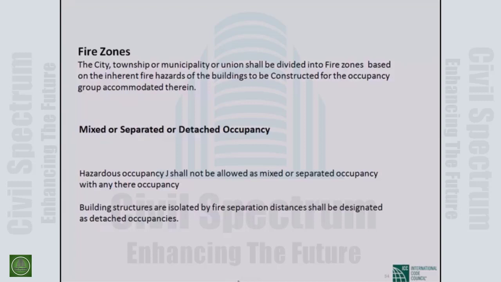We start with mixed occupancy, but as per NFPA, they start with multiple occupancy, and then divide it into mixed and separate occupancy. A building which has different types of occupancy is a multiple occupancy. If we subdivide multiple into two, one is mixed and another is separate.